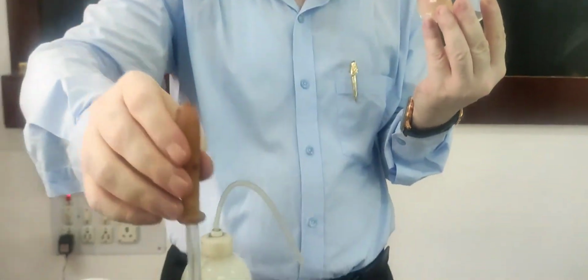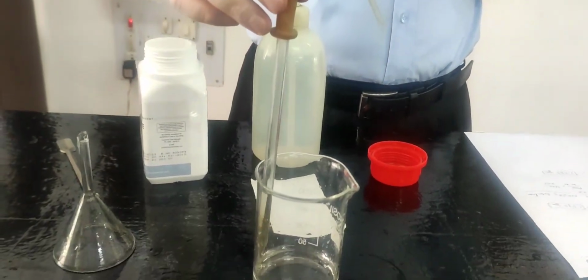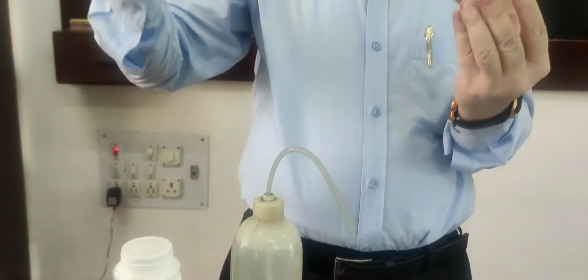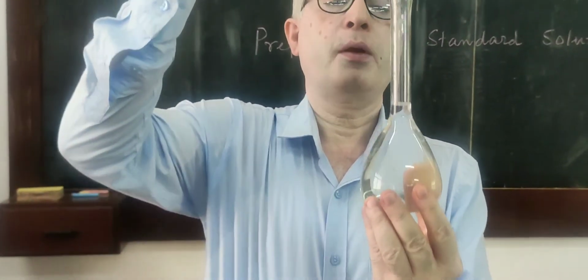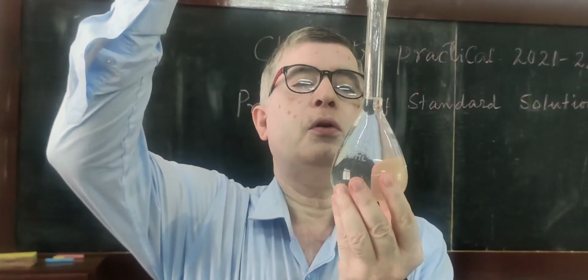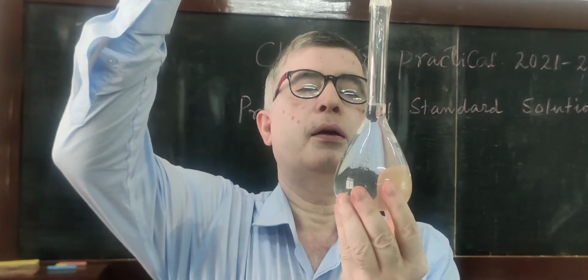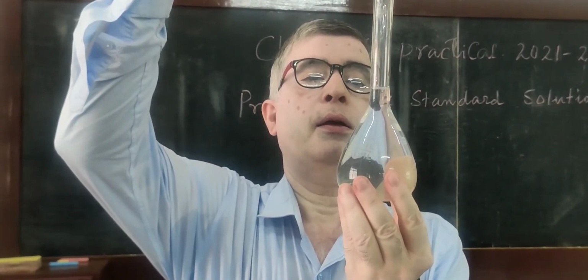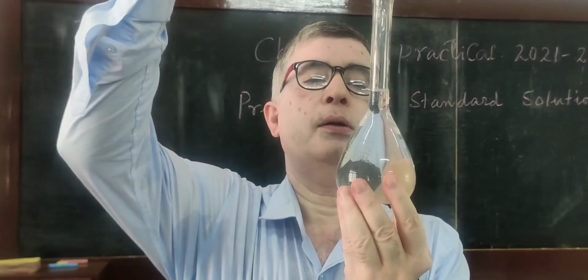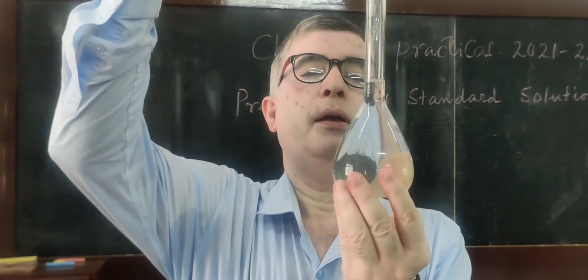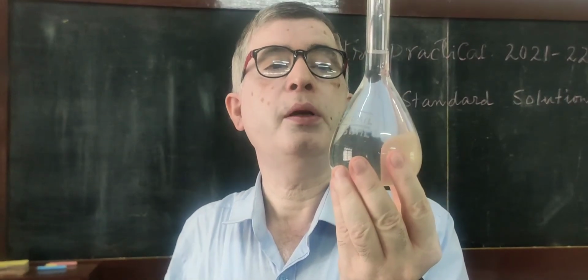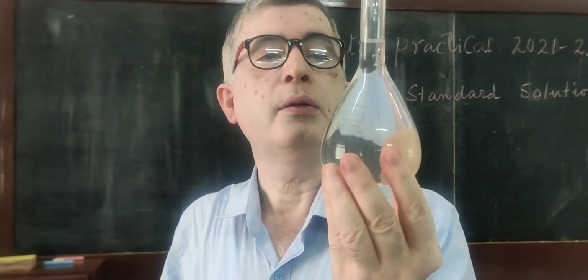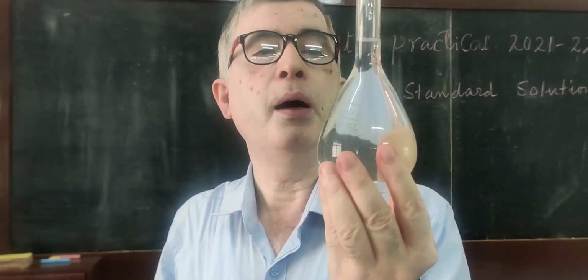Better you should now use the dropper for making up the volume. So add water dropwise, keep on adding till the lower meniscus. Yes, now you can see the lower meniscus of the liquid is just touching the mark.